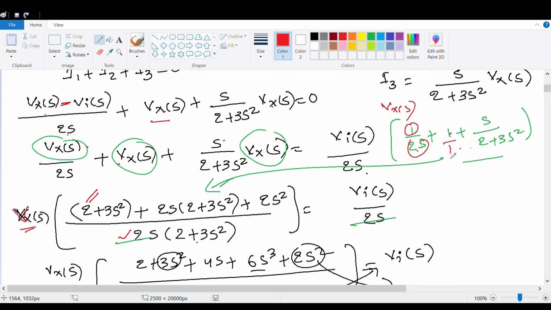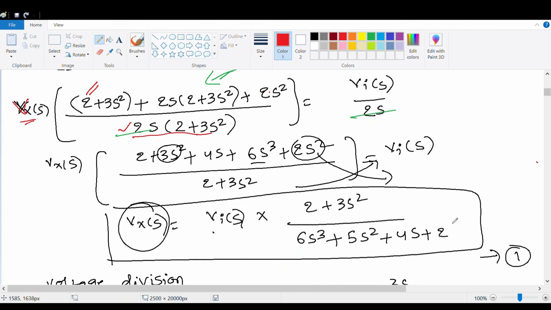After that here is 1, there is nothing, so you have to assume 1. So you have to write all this: 2s plus 2 plus 3s square, plus, it has 2 plus 3s square, so we are left with 2s, so we have to put the 2s here, but it already has s here, so 2s into s becomes 2s square. And after that Vx of s equals 2, we can cancel these two because on both sides 2s is there.